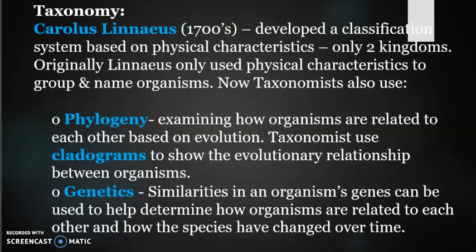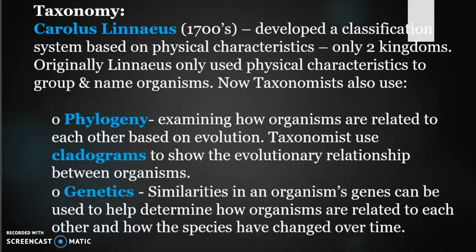The taxonomy system was developed in the 1700s by a scientist named Carolus Linnaeus. He started by dividing things based on their physical characteristics, so basically what they looked like. He originally had just 2 kingdoms, plant and animal. Now scientists that deal with taxonomy look at different things.